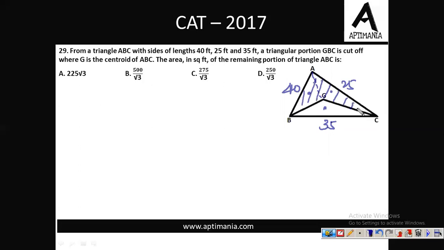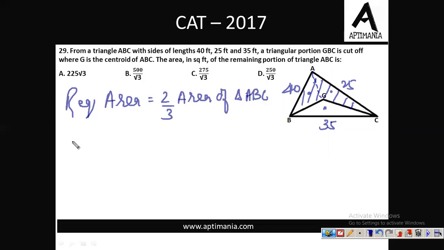Now the required area will be equal to, can I say, 2/3 of the total area of triangle ABC? Right, 2/3 area of triangle ABC. Now in order to calculate the area of triangle ABC, we'll apply Heron's formula, as this triangle has all the 3 sides given to us, right?